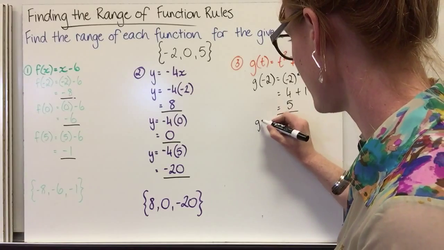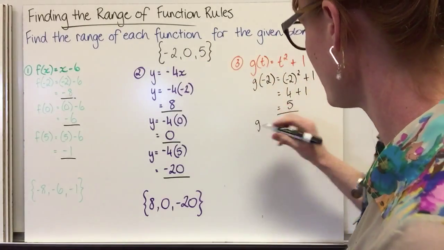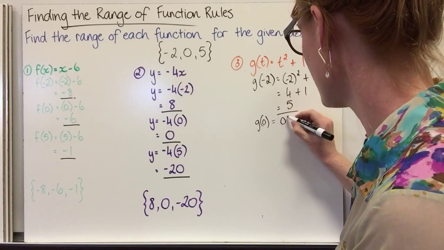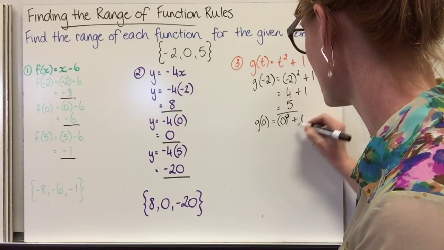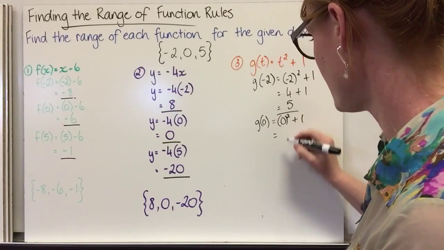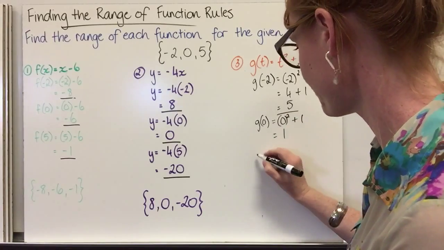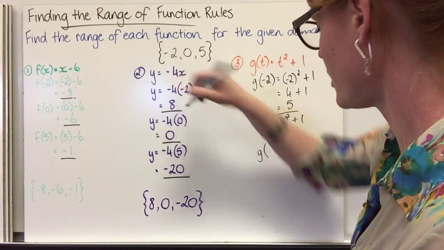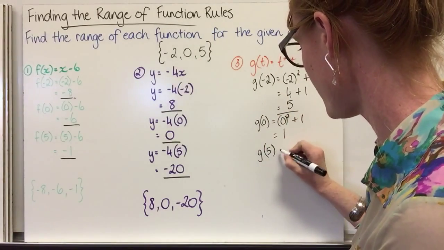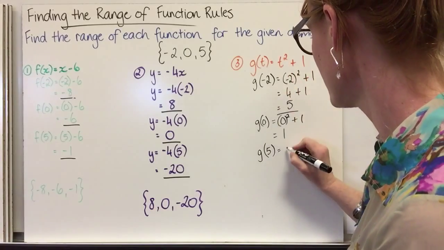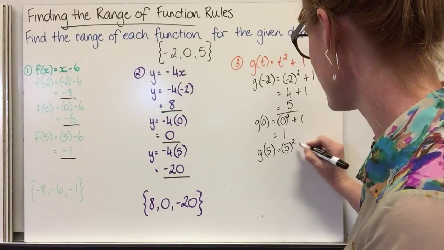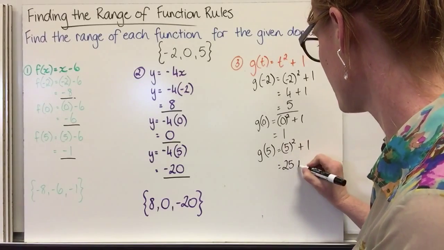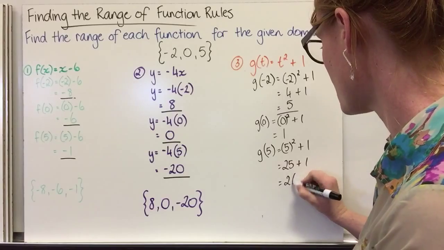Let's go ahead and plug in g of 0. g of 0 equals 0 squared plus 1. 0 squared is 0, plus 1 is 1. Let's plug in the third domain value, which is 5. g of 5 equals 5 squared plus 1. 5 squared is 25, plus 1 is 26.